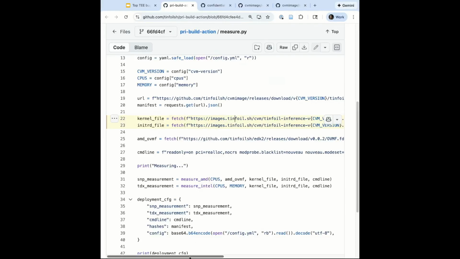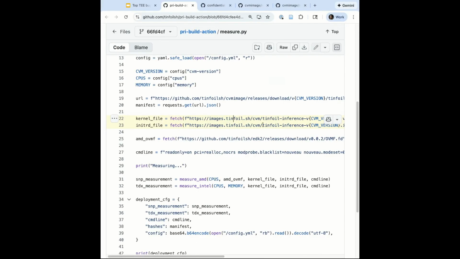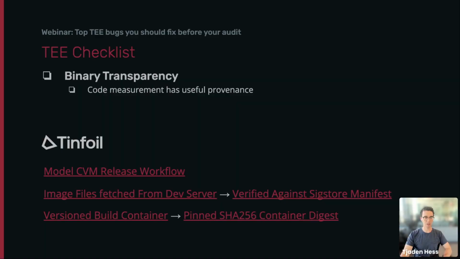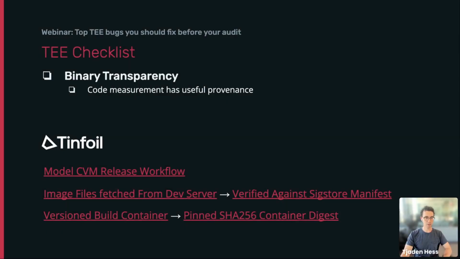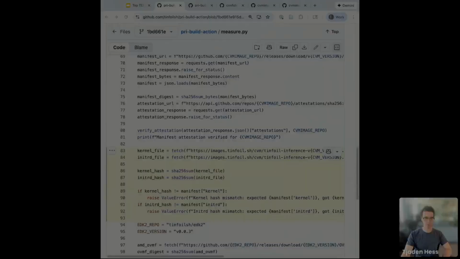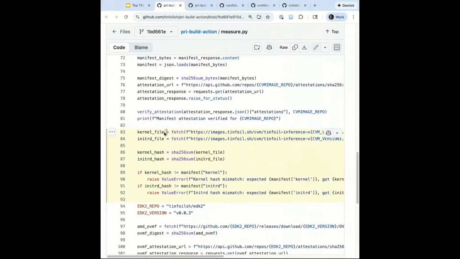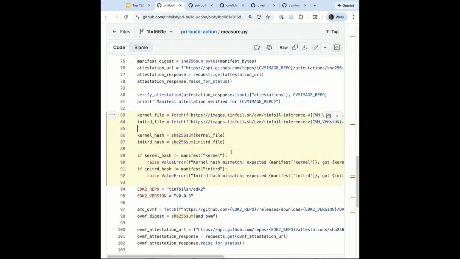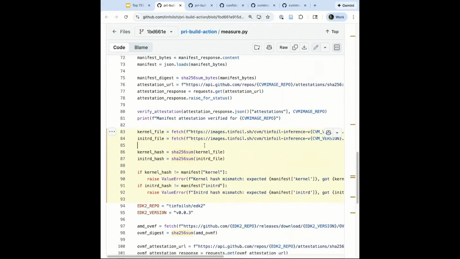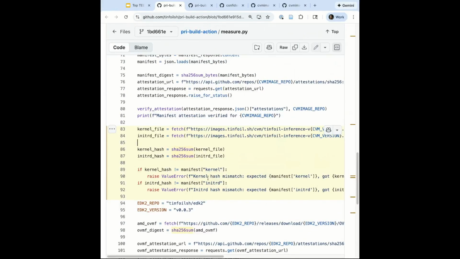So it's important to check these images that you're fetching against some known good hash that you fetch from the build process of the previous step. This has been changed in the latest version to fetch the hashes of the kernel and initRD files from a Sigstore attested manifest, and then check them against the downloaded images.